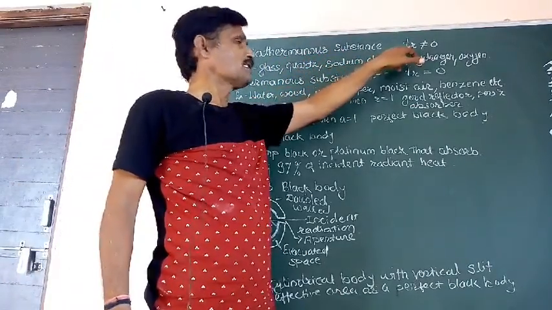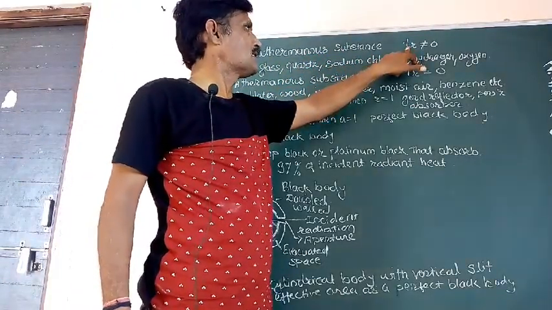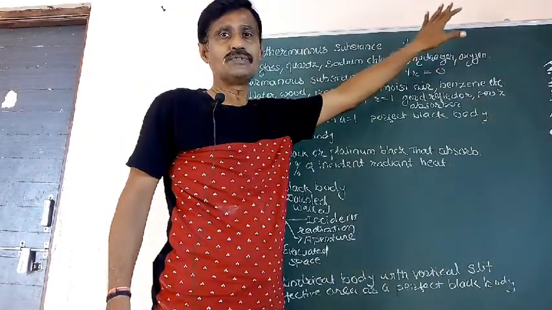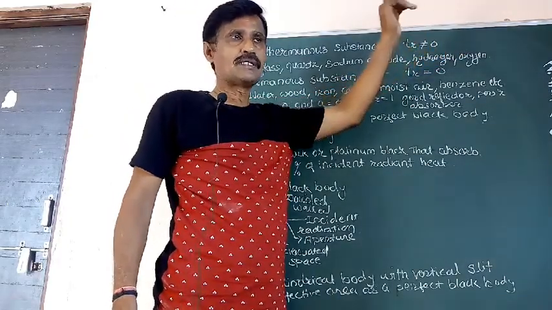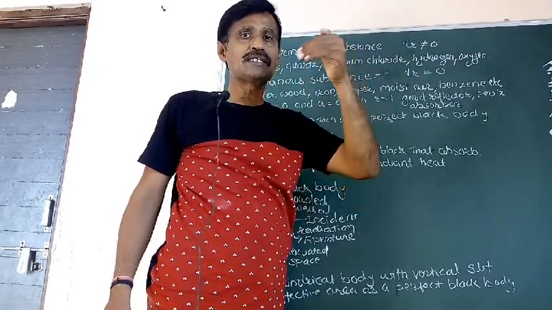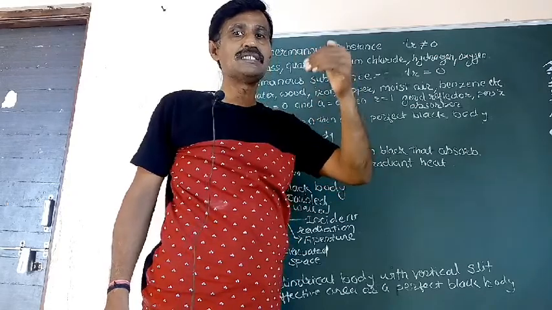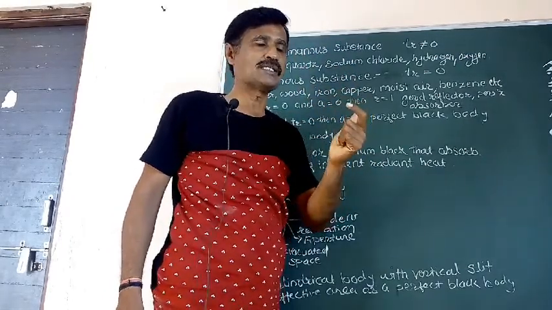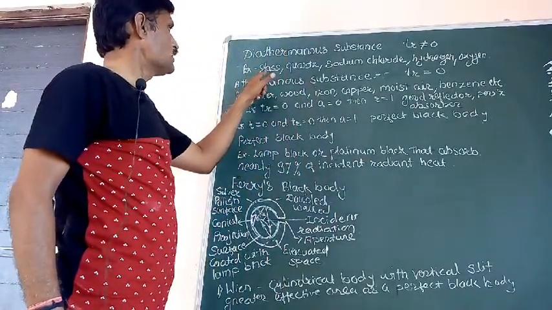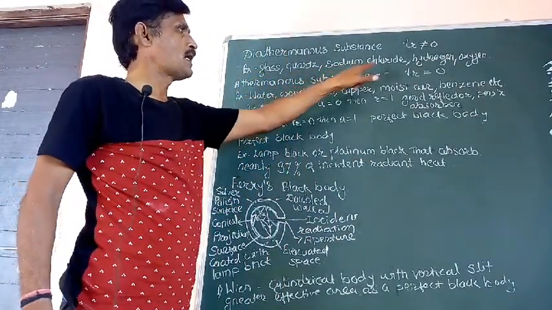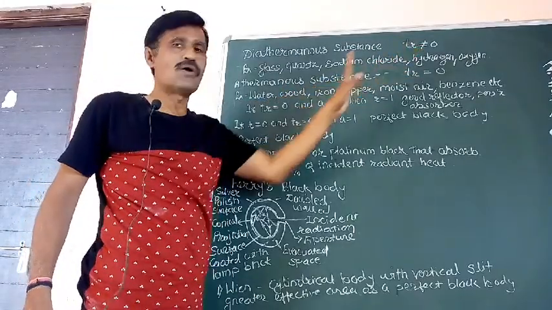In diathermanous substance, the coefficient of transmission is not equal to 0. Means the body which is transmitting the thermal radiation incident on it is called diathermanous substance. Examples are glass, quartz, sodium chloride, hydrogen and oxygen.